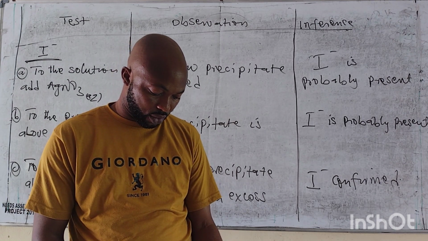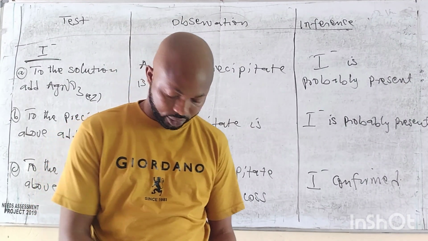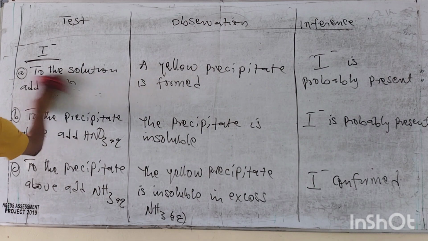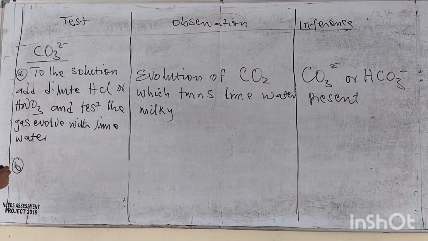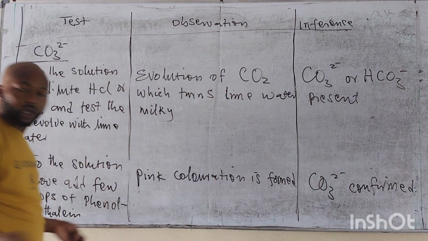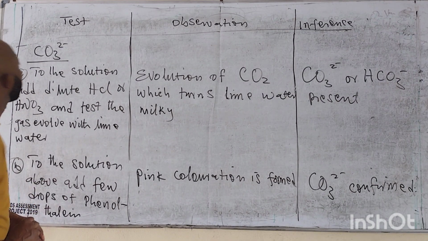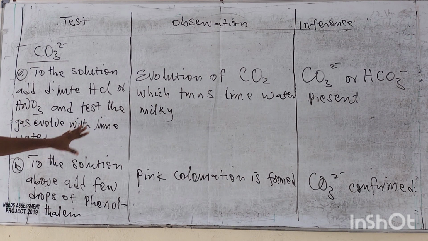Let's test for carbonate ions. For CO3 2-, we say to the solution, you should add dilute HCl or HNO3 and test the gas evolved with lime water.